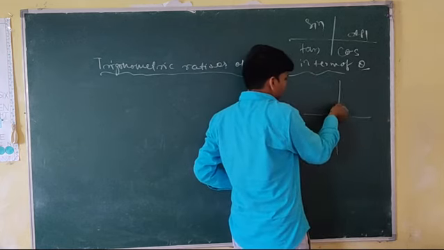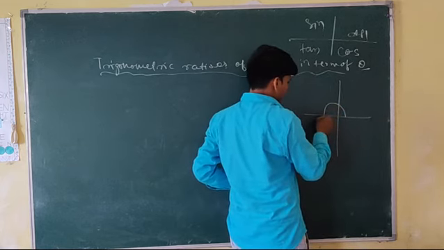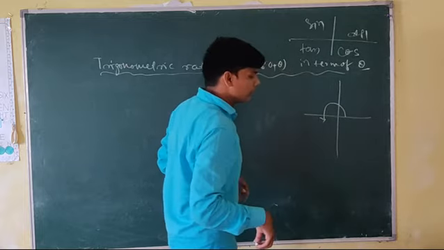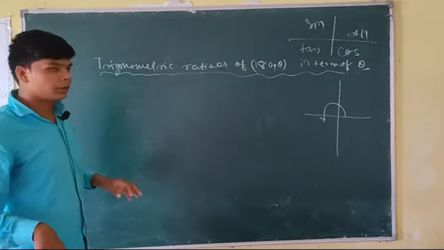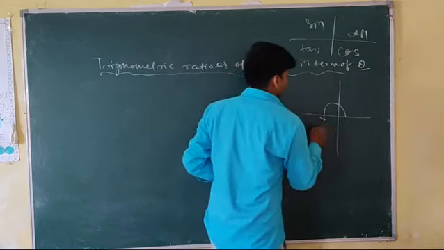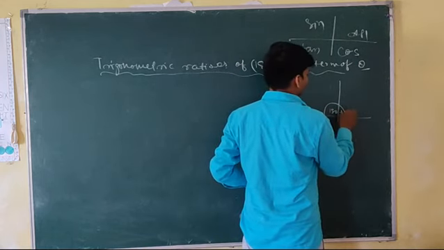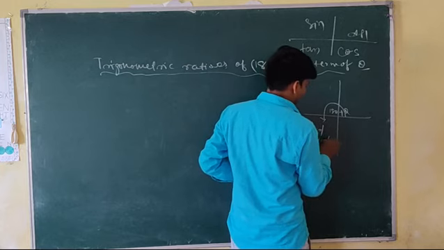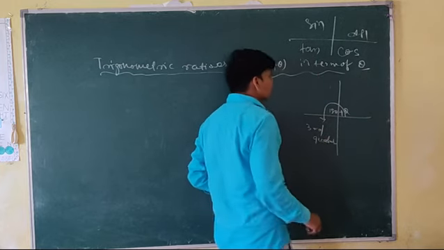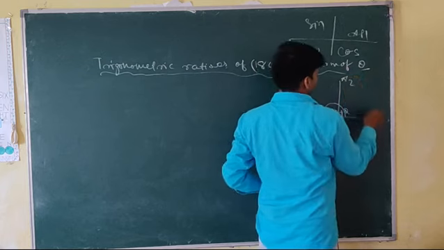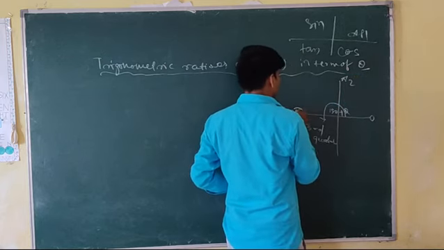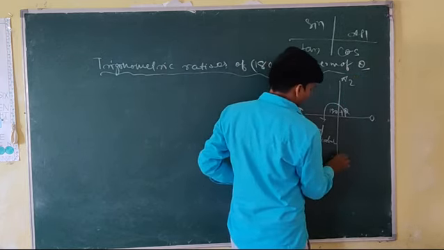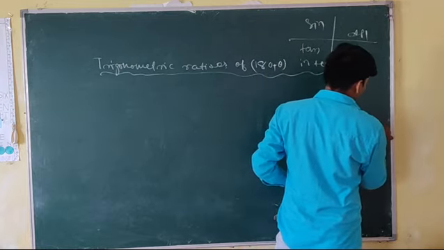This will be 180 plus theta here. This will go to the third quadrant. Okay, this is 180 plus theta, third quadrant, with pi by 2, 0, pi, 3 pi by 2 or 2 pi.